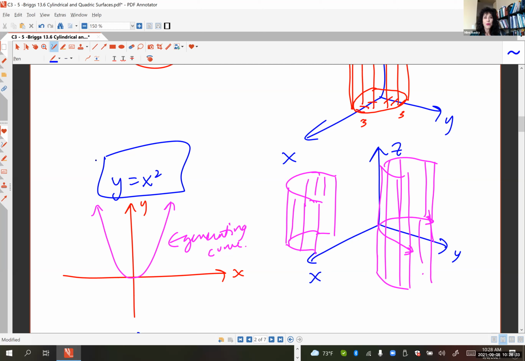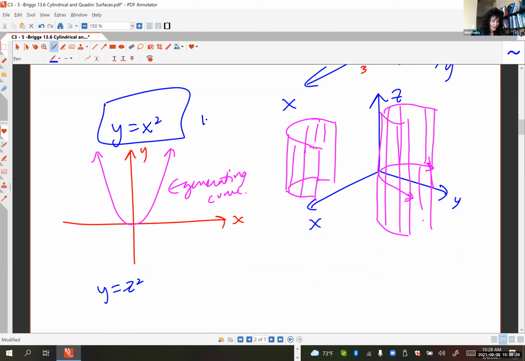Well, you could always graph more than one surface at the same time. Sure. I mean, if you wanted to graph, say, y equals negative x squared, like this, and then you'd graph both of these. Let's see if I can do it with a different color. This is going to be fun.